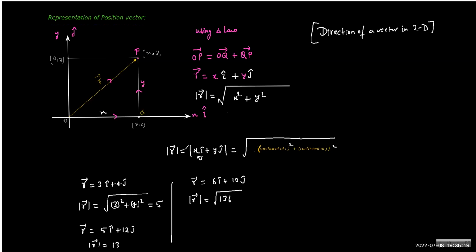As a convention, we express the direction by writing the angle with respect to the positive direction of the x-axis. So theta represents the direction, which means if you turn by angle theta from the x-axis and walk, you will reach the destination. Walk by how much? Let's say I choose this value.